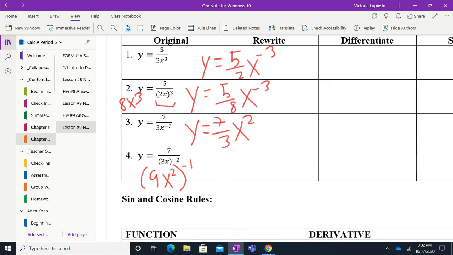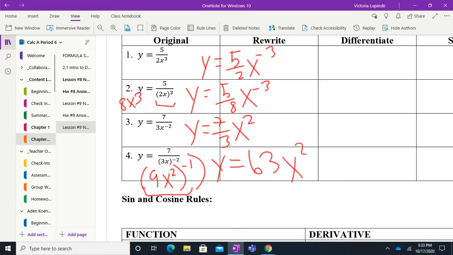The fact that this whole thing is raised to the negative 1 means that the whole thing now needs to move up to the top. So you're going to leave the 7 on the top, bring the 9 up, which is going to become a 63. You would have x to the negative 2, which would move to the top, which would become x squared.